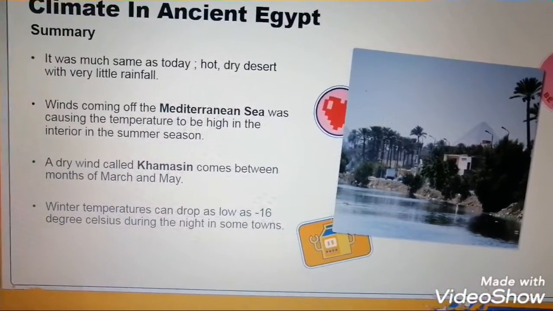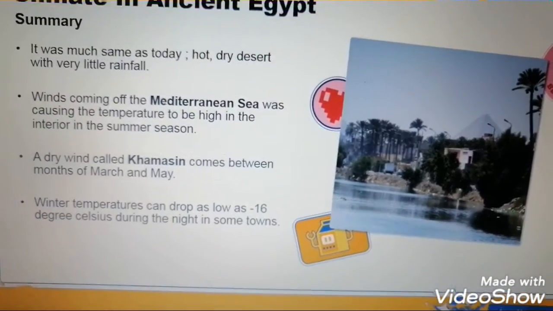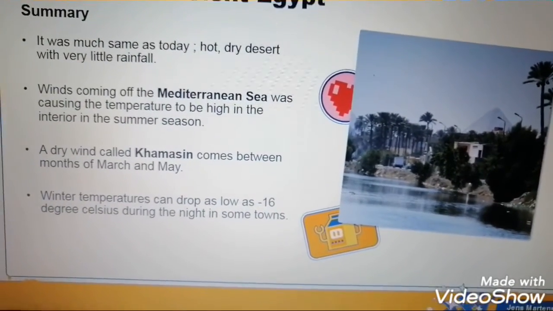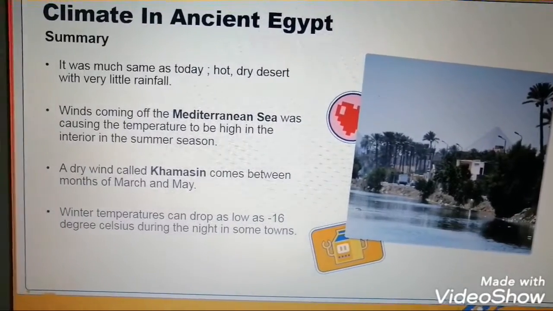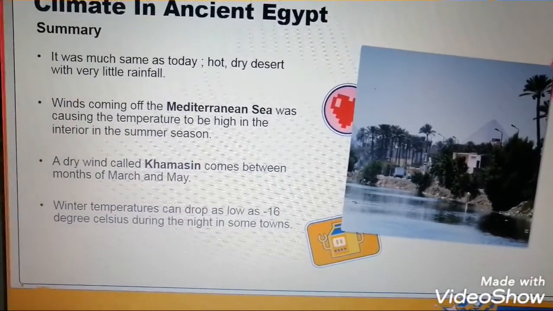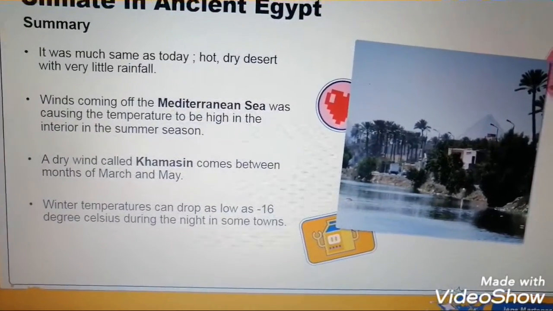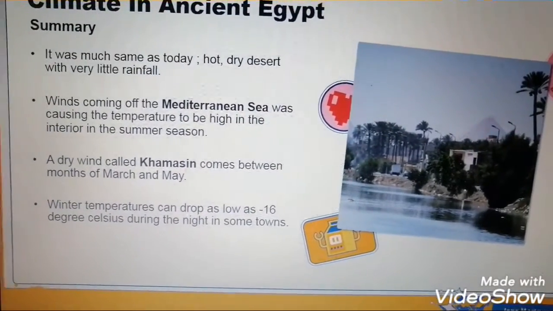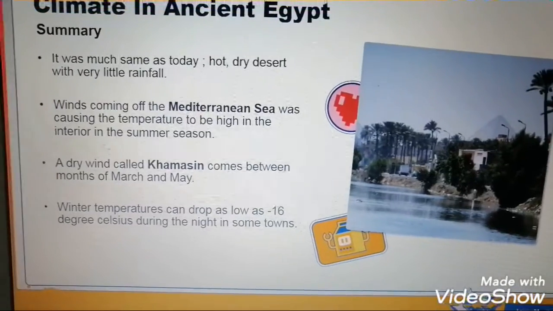A dry wind called Khamaseen comes between the months of March and May, which probably still comes nowadays. Winter temperatures can drop as low as -16 degrees Celsius during the night in some towns.